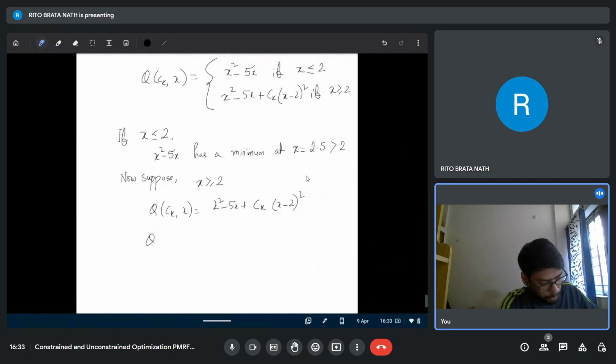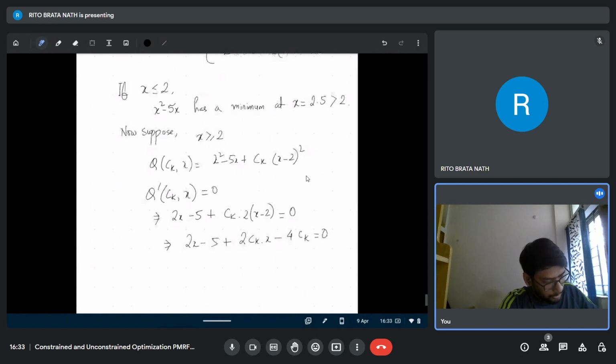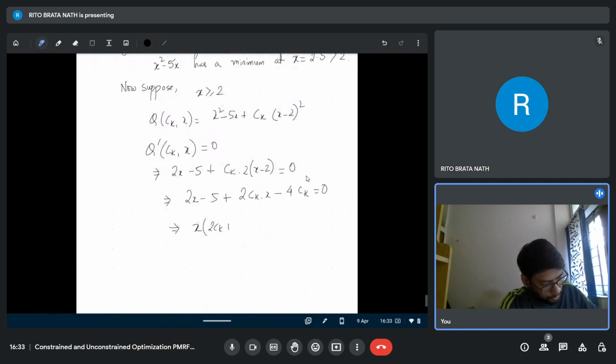So let's find Q prime of c_k, x and set it to 0. That's 2x minus 5 plus c_k times 2 times (x minus 2), and this will be 0. 2x minus 5 plus 2c_k x minus 4c_k equals 0. So let's take x as common: 2c_k plus 2, and this is 4c_k plus 5.